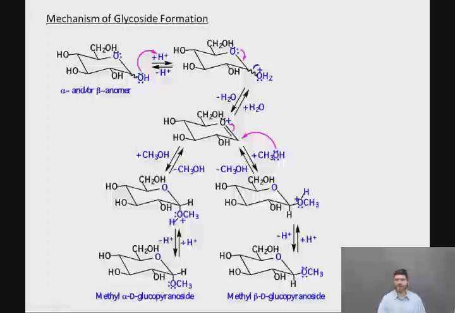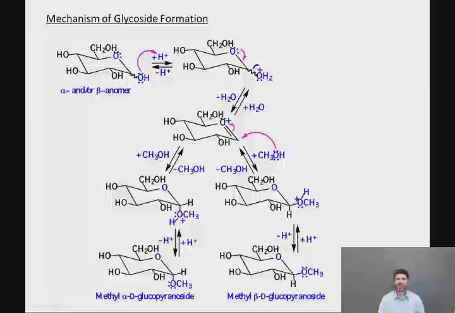The nucleophile that's going to do the attacking is methanol, because after all, we have dissolved this compound in methanol. If you attack it from the top face, you end up going down the pathway that leads you towards the beta isomer. And if you attack it from the bottom face, you head down the pathway that leads you to the alpha isomer shown on the left.